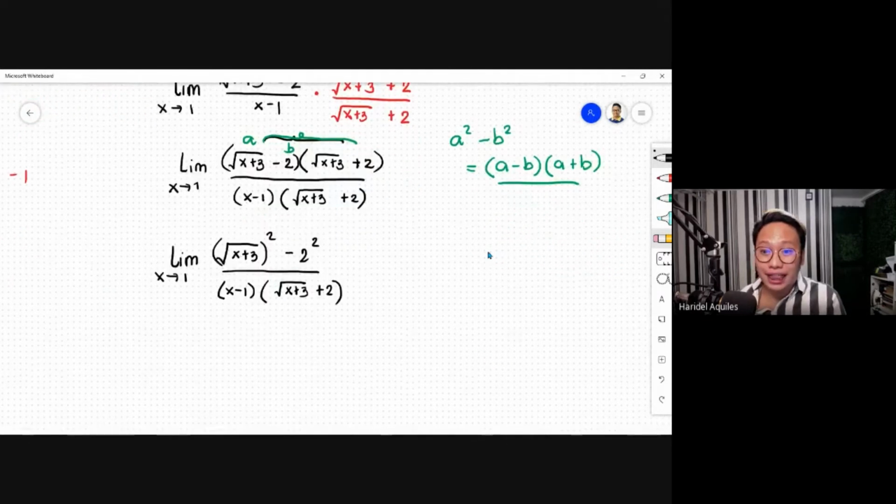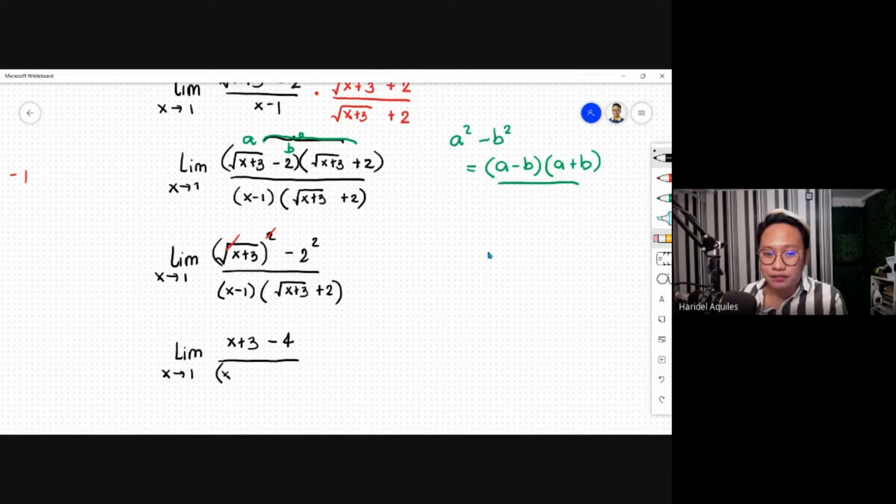Let's simplify the numerator. So we have limit, x plus 3, because you can just cancel out the radical symbol and the exponent 2. What is 2 raised to the power of 2? You just have to evaluate it. You would get 4, as x approaches 1. You just copy the denominator, which is the product of x minus 1 times square root of x plus 3 plus 2.